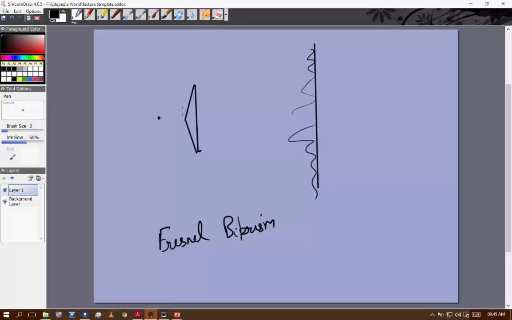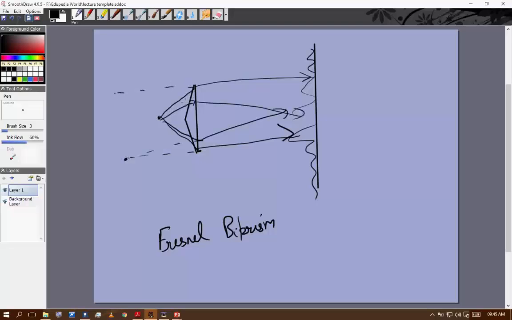And the reason we observe bright and dark bands is because some light will go here and some other light will go like this. And let's say there's another light which goes here and there's another light which goes here. Then when you produce these two backwards, it seems as though this light is coming from two different sources.